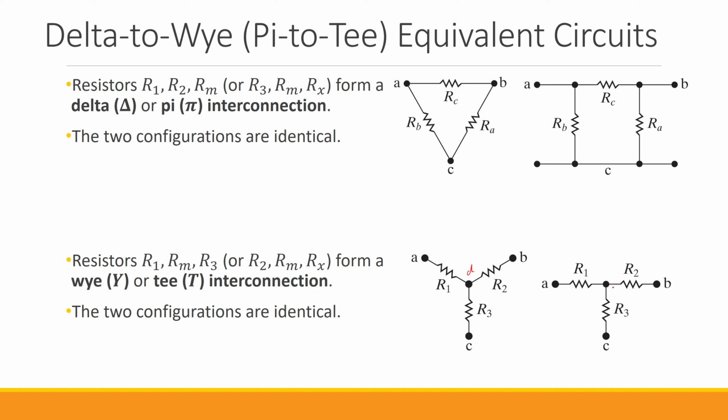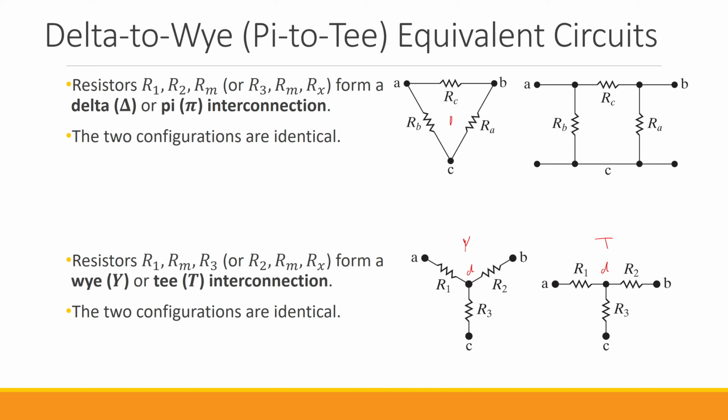Let's just take a look at this second one. We have A, B, and C, and let's just call this D. As you can see, these two configurations are also identical because we have R1 between node A and node D, R2 between node B and node D, and R3 between node C and node D. Since this one looks like a Y we call it the Y configuration, and since this one looks like a T, we call it the T configuration.